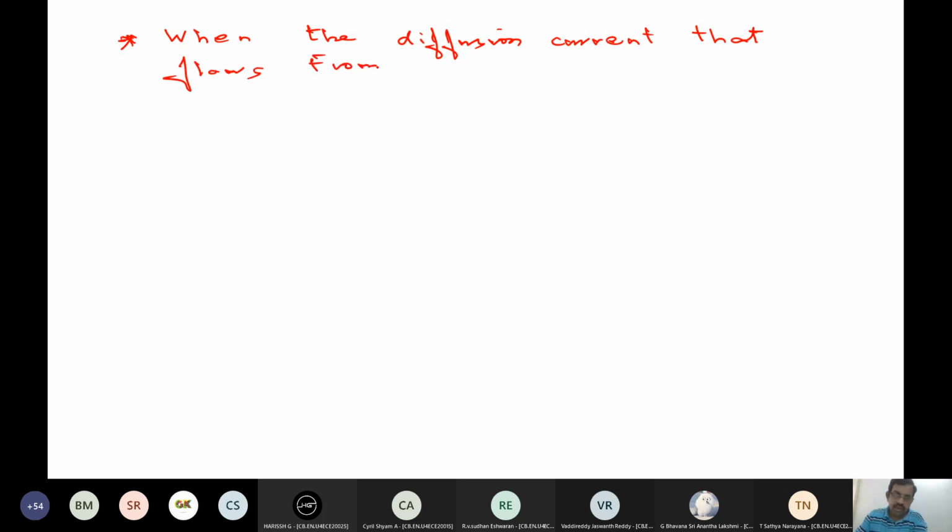So the diffusion current that flows from left to right, the conventional direction current is always from positive to negative.